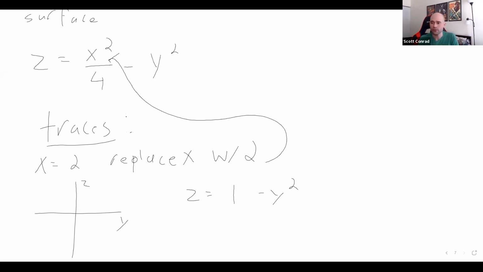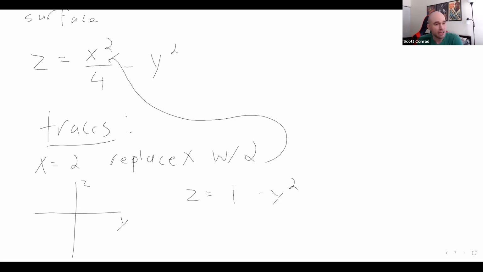Is that an ellipse, a parabola, or a hyperbola? It's a parabola. What direction is the parabola opening? It's opening in the negative z direction, right?